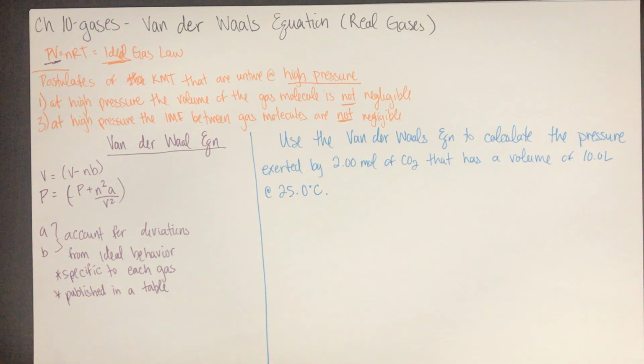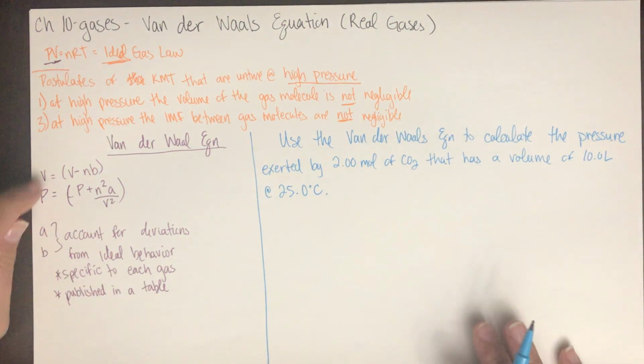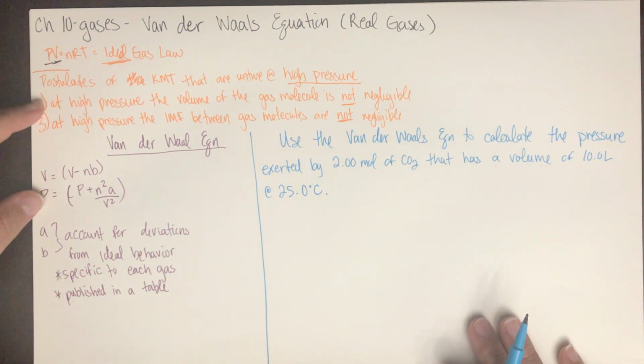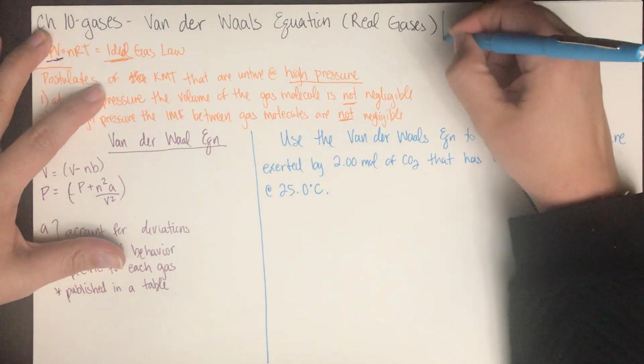So before we do this, I'm going to write out what the van der Waals equation is, because I told you that these two substitutions were made, but let's go ahead and write it out up here.